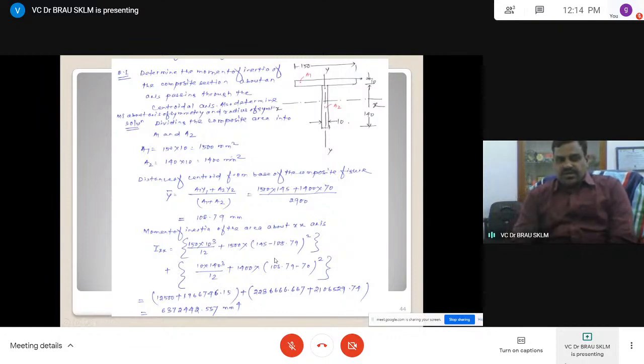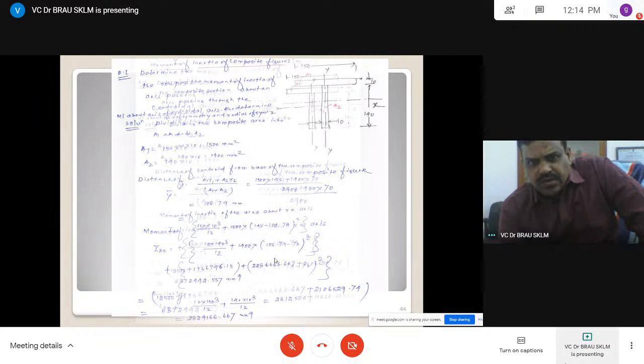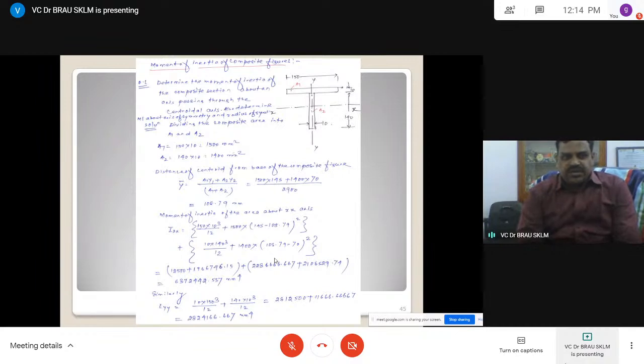Okay, find out the moment of inertia of the total lamina. It is also almost the same. Determine the moment of inertia of the composition about an axis passing through the centroidal axis.